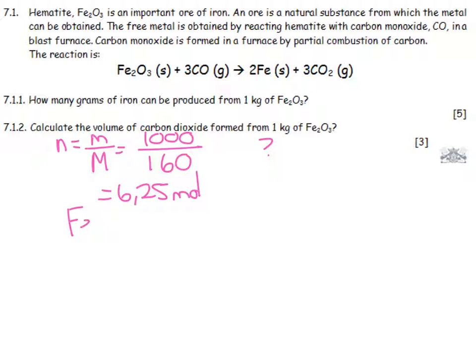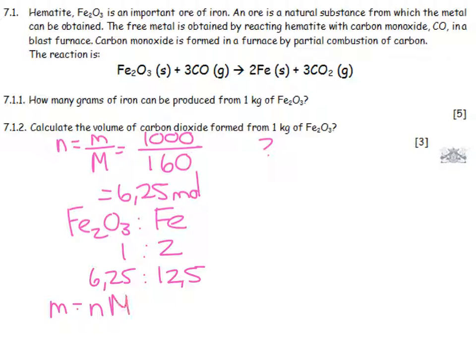So I've got Fe2O3 is to Fe as 1 is to 2, so you land up with 6,25 is to 12,5, and then mass is equal to number of moles times molar mass, 12,5 multiplied by the molar mass of just iron, which is 56, and I land up with 700 grams.